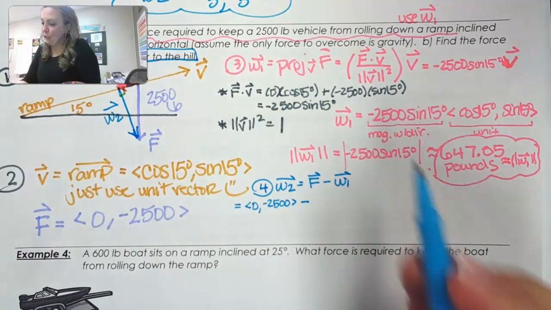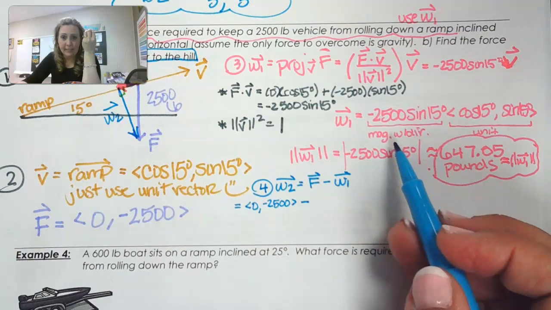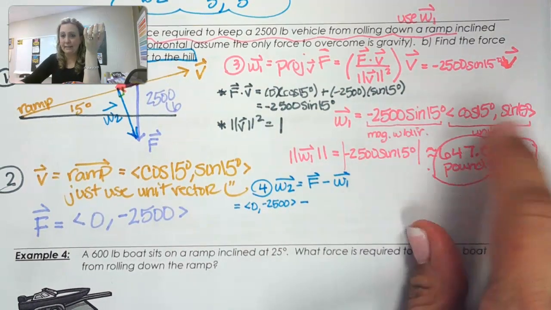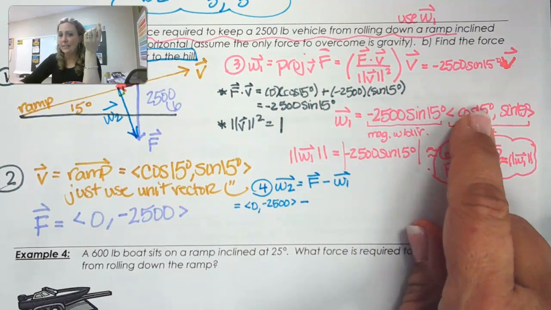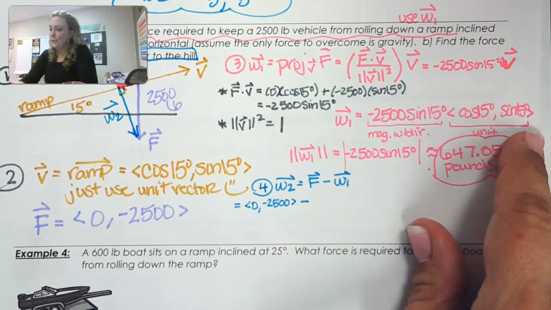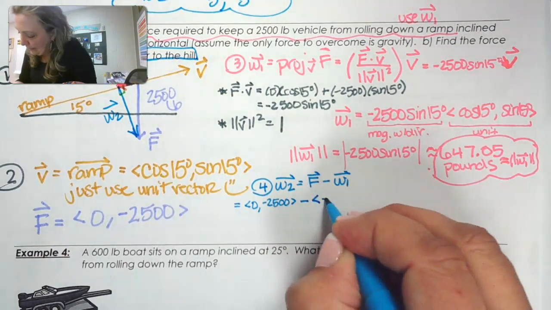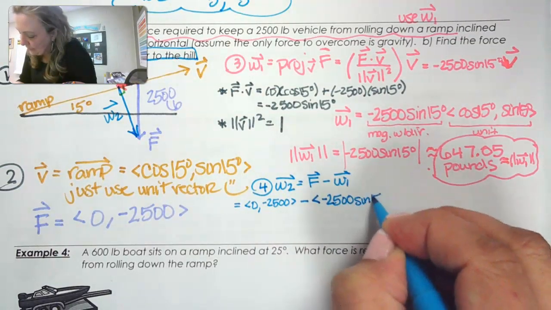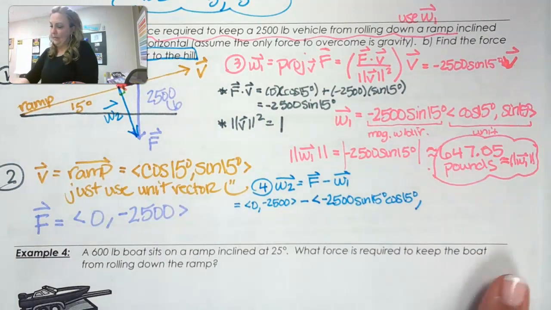And then I need to subtract vector W1. Now the way that vector W1 is written right now, it has this magnitude on the outside and then this piece here. Remember that this can be applied to each of the components. So if I apply this to the first component, that ends up being negative 2500 sine 15 degrees cosine 15 degrees.